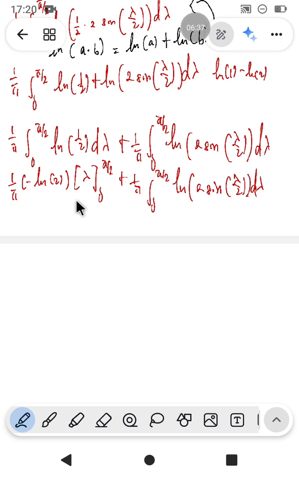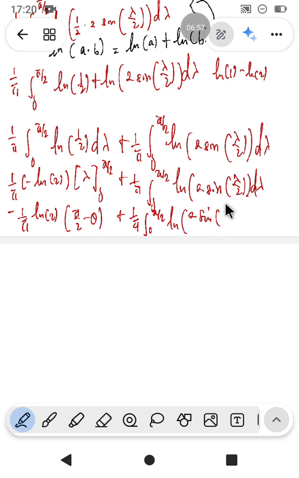All right, if you apply your limit here, we're going to have pi over 2 minus 0, so this will be negative 1 over pi natural log of 2, multiplied by pi over 2 minus 0, plus 1 over pi, then the integral from 0 to pi over 2, natural log of 2 sine lambda over 2, d lambda.